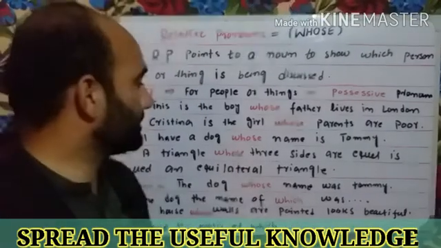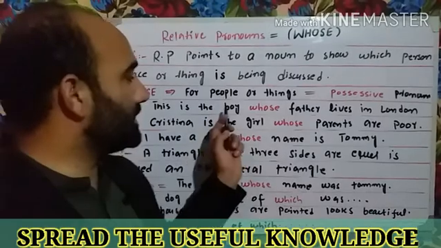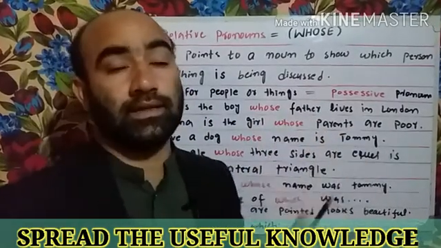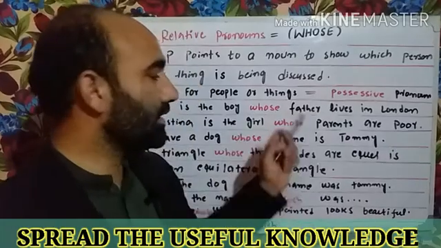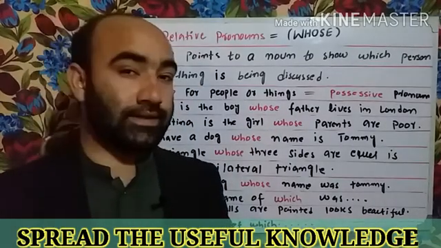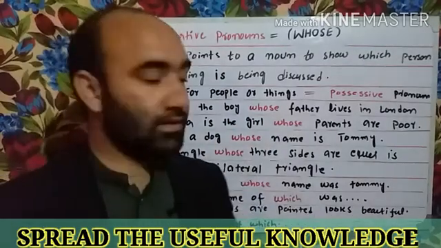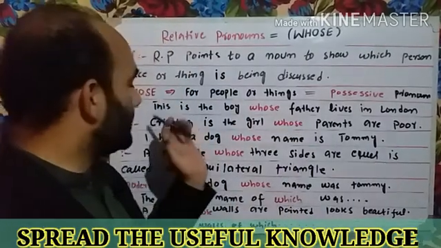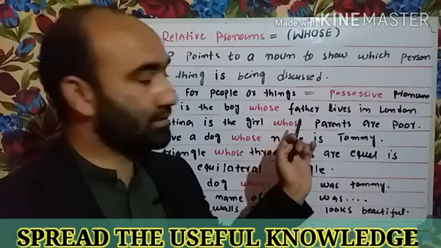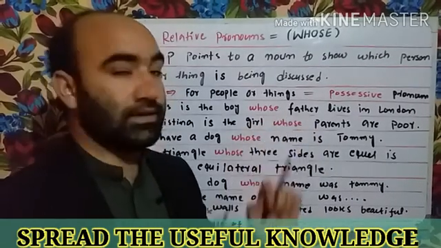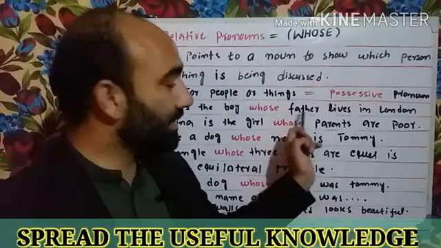Examples are here. This is the boy whose father lives in London. Now you can see here, whose creates a relationship, the ownership, with father. This is the boy whose father lives in London.